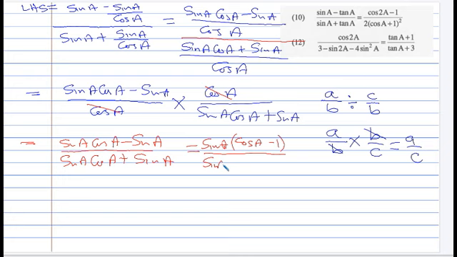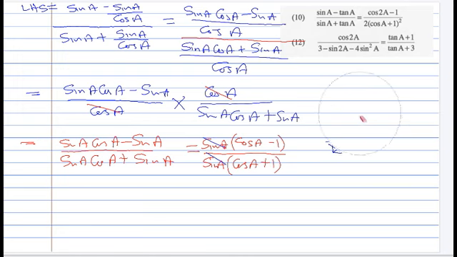It's sin A bracket cos A plus 1, and then from there we cancel sin A and sin A, and what we are left with now is cos A minus 1 over cos A plus 1.